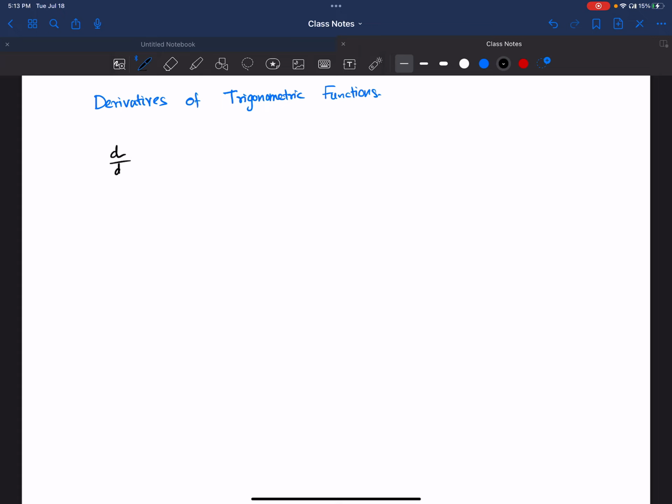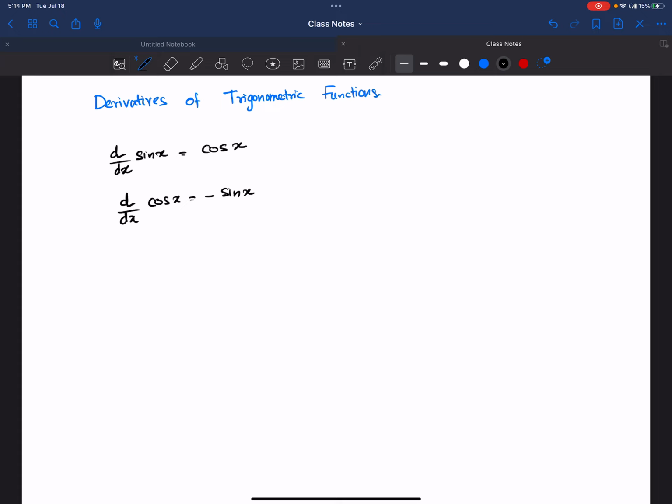d over dx sine of x is equal to cosine x. And y equals sine x and y equals cosine x are differentiable functions. That's why we can write d over dx cosine x is equal to negative sine x.